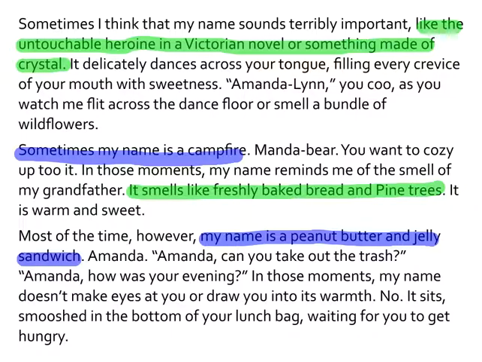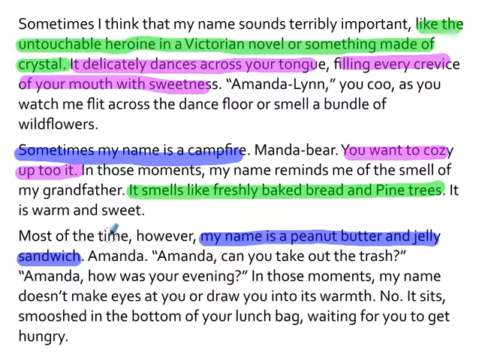And let's find personification. So we had this one up here. It delicately dances across your tongue, and it fills every crevice of your mouth with sweetness. I could say that this is an example of personification because you don't want to cozy up to a name. I'm using a human characteristic to describe it.